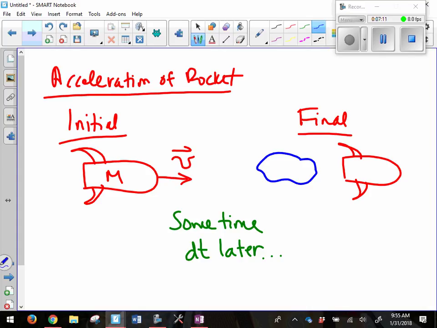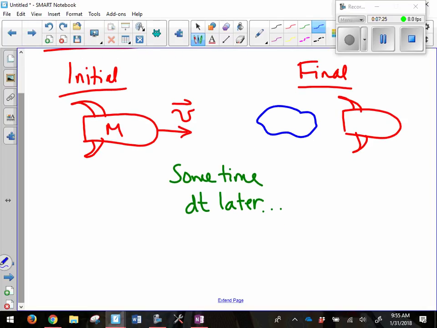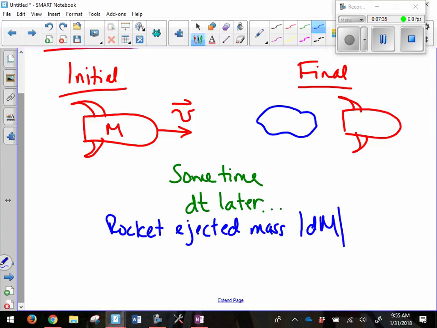That makes sense? Yes. Okay. And we're going to say that the rocket has ejected a mass of absolute value dm.